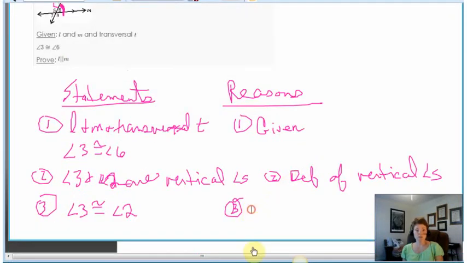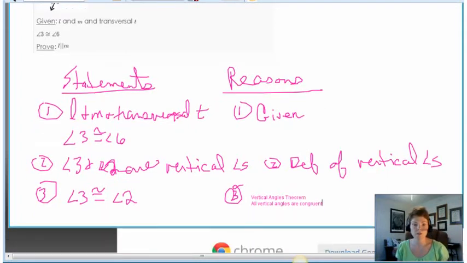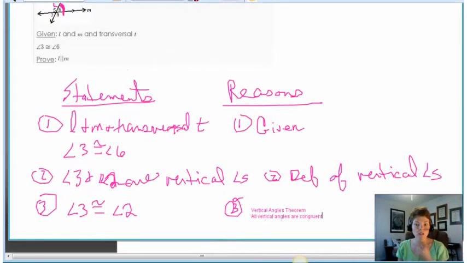Okay, so what's the reason that angle 3 and angle 2 are congruent? There's two ways to say this. The actual theorem is the vertical angles theorem, okay? You can also say all vertical angles are congruent. Either way.